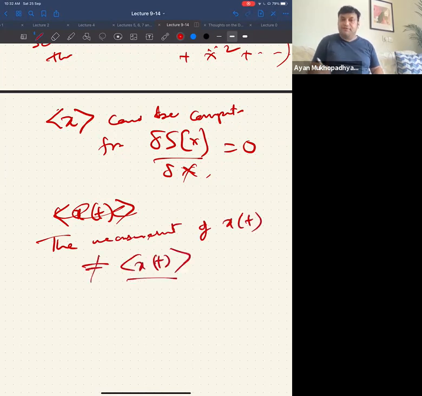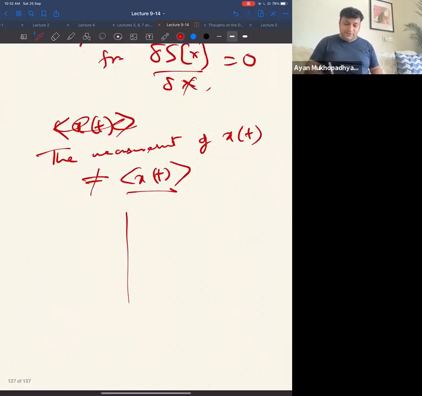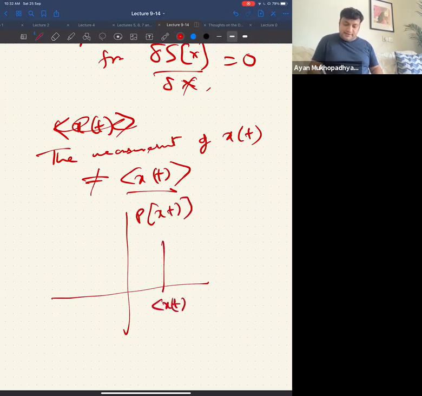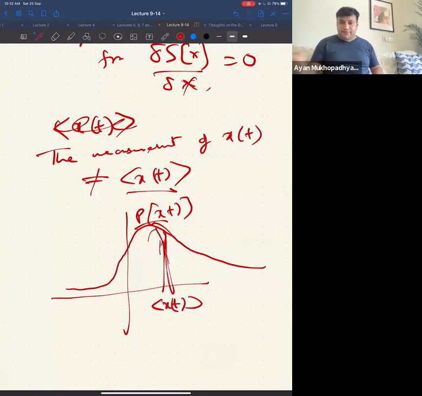It's simply the average value of the measurement. But it's not what I need. What I need to actually find is a probability distribution for the measurement of x of t. It would always be peaked at the average, but it can be a very complicated distribution function like this, right?